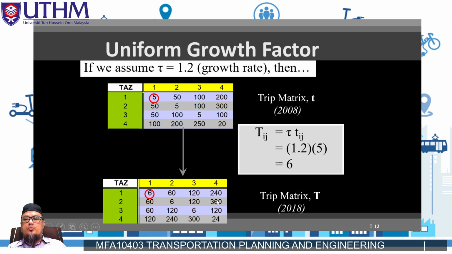If we want to predict this one, let's say 4 and 2, or 2 and 4, just insert this 300 multiplied by 1.2, you obtain 360. That is a very typical and very simple way to calculate the future using a uniform growth factor.